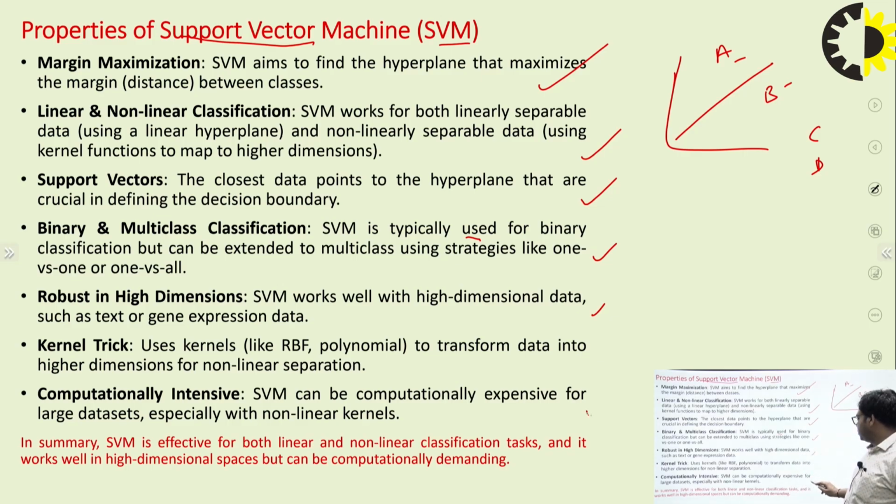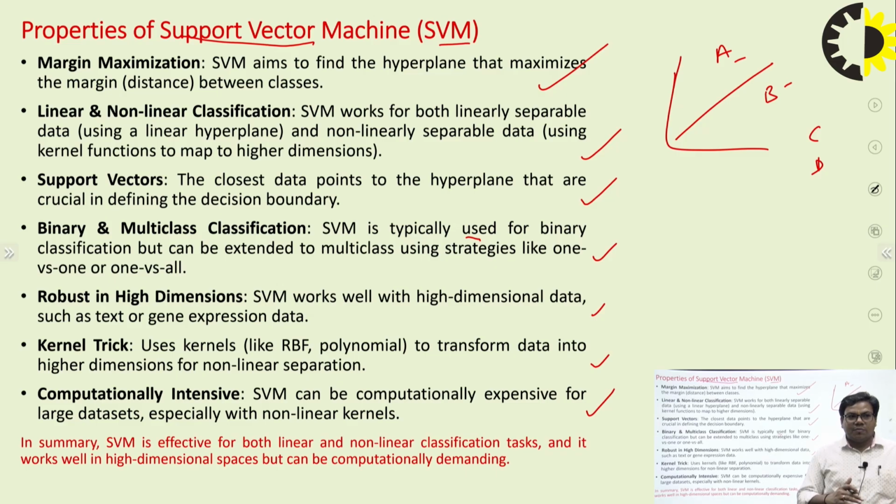The last point is computationally intensive. Computationally intensive means if we have a large data set with a good number of data points or data rows, or a good number of images if we are dealing with images, then we need to save all that data, as well as a kernel matrix, because we have to apply the kernel matrix to the whole data for converting these data points from lower dimension to higher dimension.